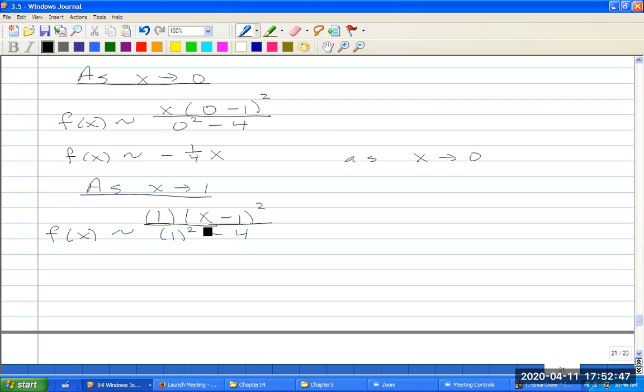And so 1 minus 4 is just 3. So f of x is asymptotic to negative 1/3 x minus 1 squared as x approaches 1. Okay, so now let's sketch a graph of this.